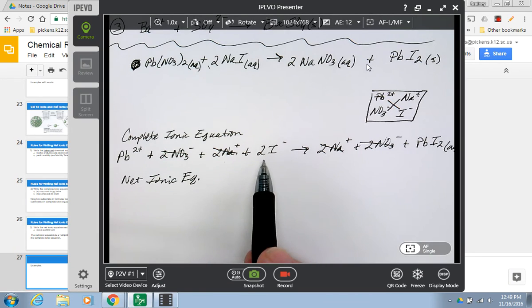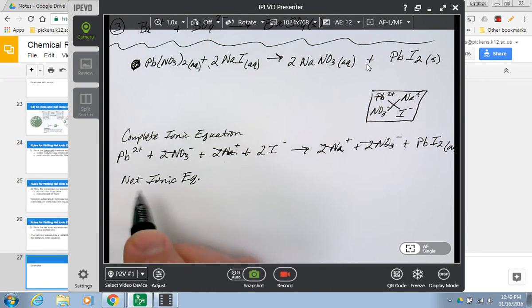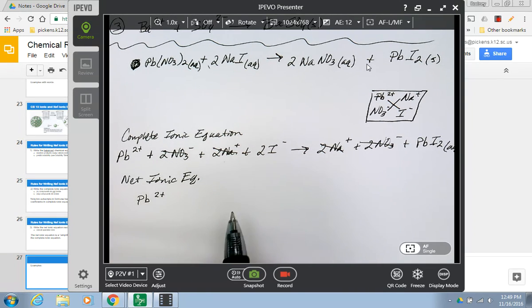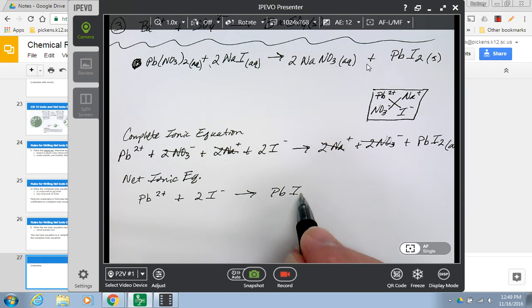So that cancels out. And we only have 2 iodides left over. We don't have anything on the right. So now we just copy it over by placing what is left, what did not get canceled. So we have Pb 2 plus, 2 I negative forms PbI2, and we put our state symbol of a solid in there.